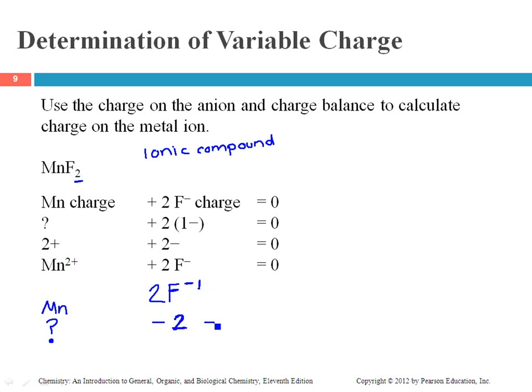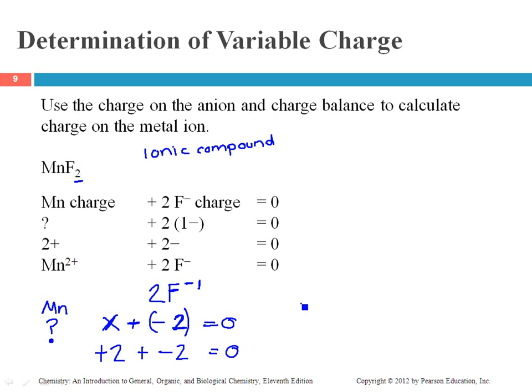So we know that X plus -2 must equal 0. Well, metals have a positive charge, first of all. So the only way we can equal 0 is if our manganese has a +2 charge.